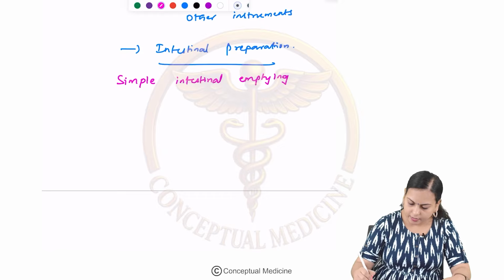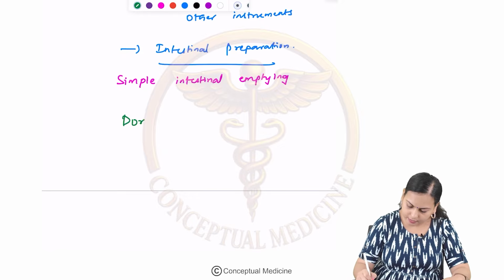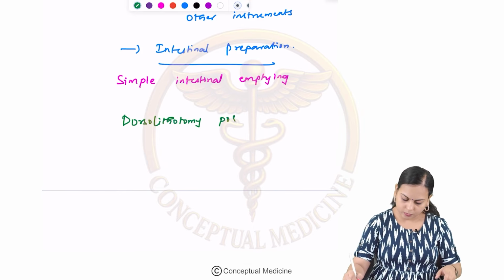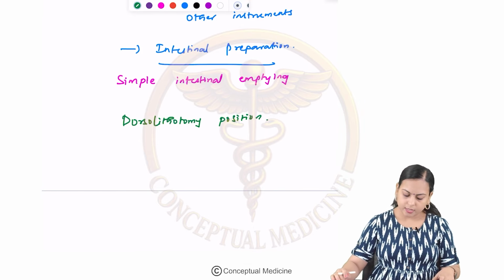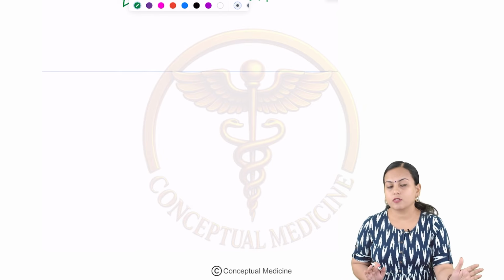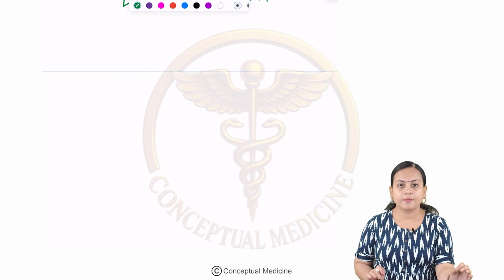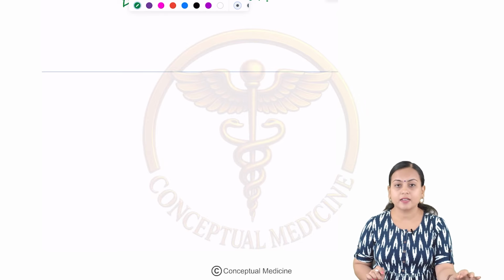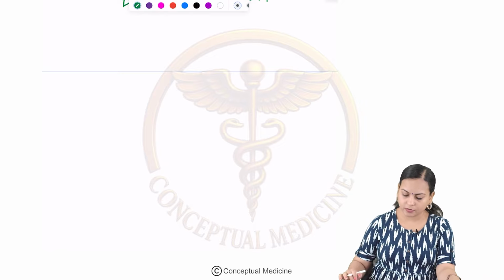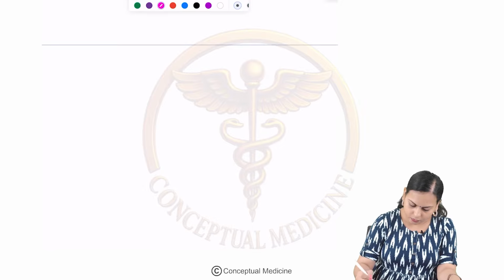Okay, and the patient is usually placed in a dorsolithotomy position. Laparoscopy is a procedure used both as a diagnostic tool as well as for therapeutic purposes. Okay. Now, how to create pneumoperitoneum?